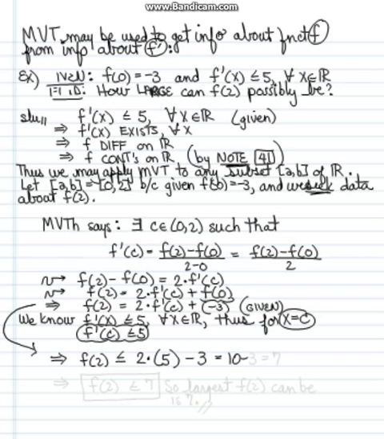See, I replaced f prime of c with something that's less than or equal to it, so f of 2 is less than or equal to 2 times 5 minus 3, which simplifies to 7. So I found that f of 2 is going to be less than or equal to 7. What does that mean? It means the largest that f of 2 can possibly get to be is 7.